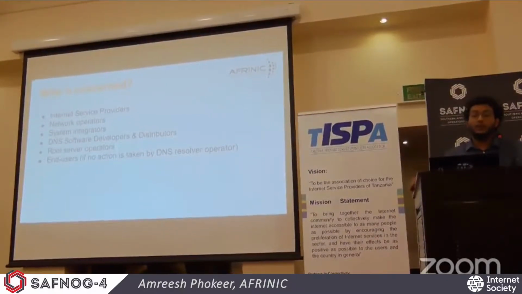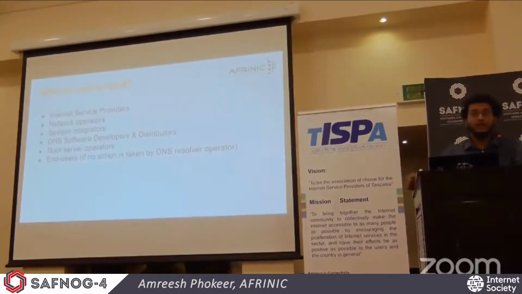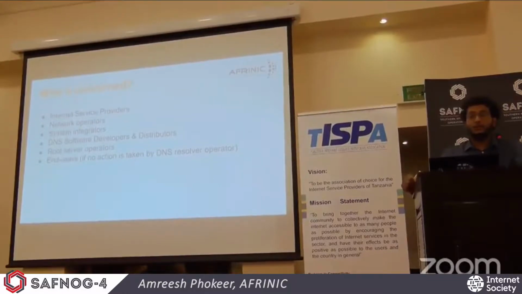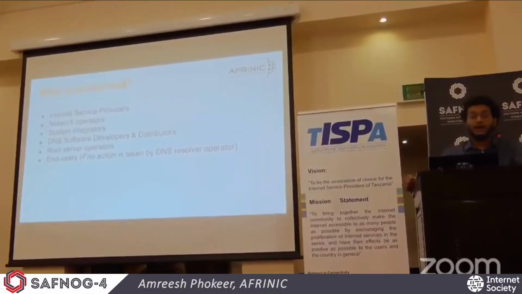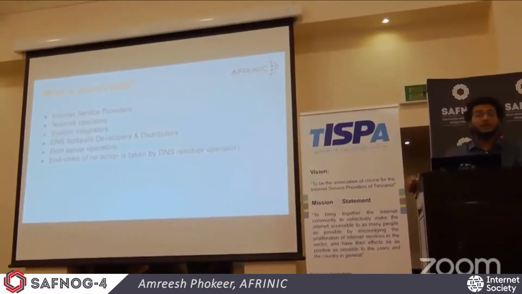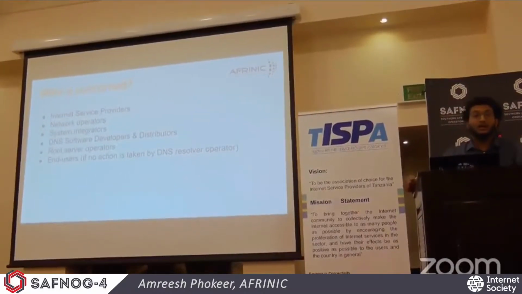If you're a network operator, for example a university, operating a DNS resolver for your students. System integrators, if you're developing DNS-related software, root server operators, and end users. Because if no action is taken by your DNS resolver operator to make sure they have the correct key, once the rollover is done, or actually before the rollover is done, then you might run into some trouble.